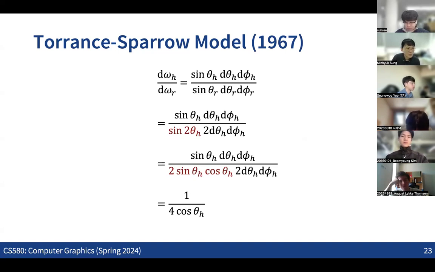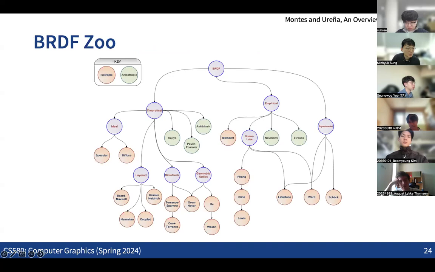So this was a very specific model for describing the microfacet distribution, but there are tons of other ways. This was the model we are seeing here, which was introduced in 1967, but there are also many other theoretic models, as you can see here, and even some empirical models as well.